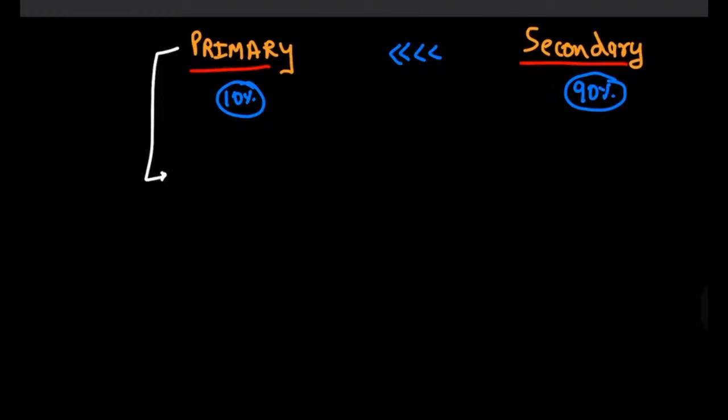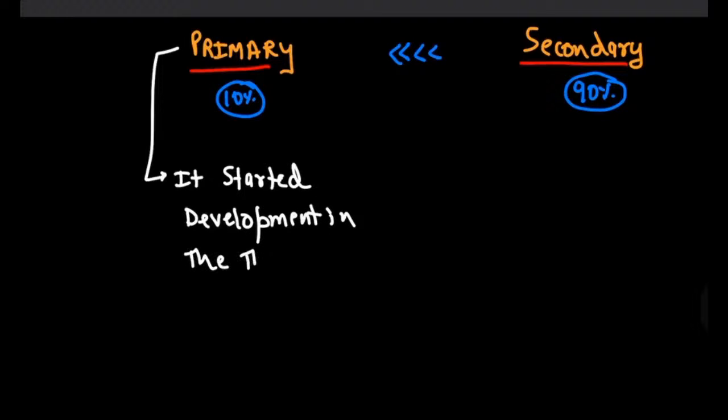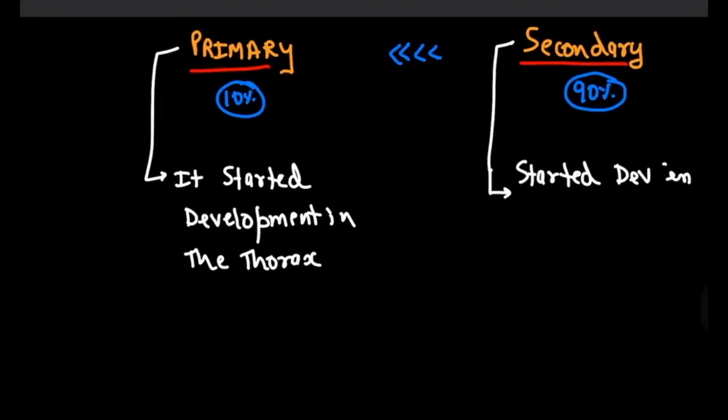Primary retrosternal goiter means that it started its development in the thorax. On the other hand, the secondary retrosternal goiter basically started its development in the neck and then came to lie in the thorax.